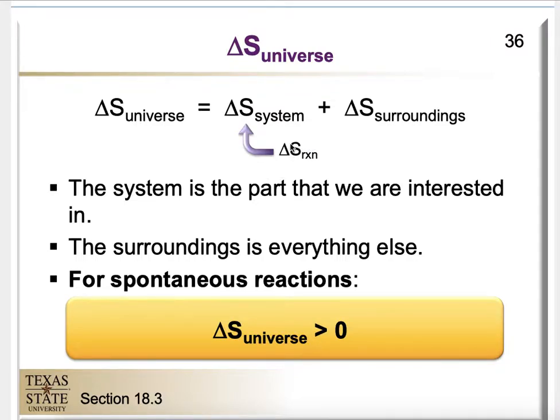We already discussed in the previous slides how to calculate the entropy associated with our reactions, using the equation of products minus reactants with the data from Appendix A2. Now we're going to calculate the entropy change for our surroundings. Just to recapitulate, the system is the part that we are interested in, our reactants and products, our reaction system. The surroundings is everything else.